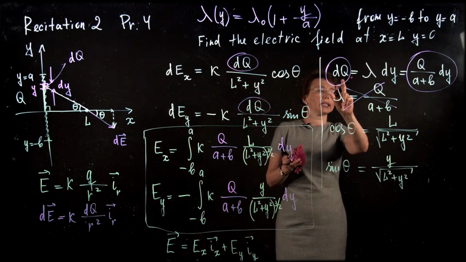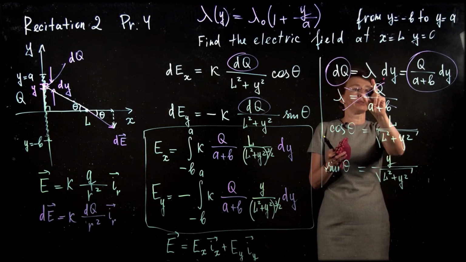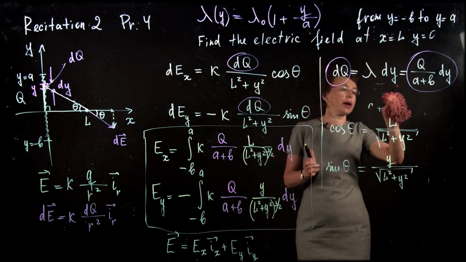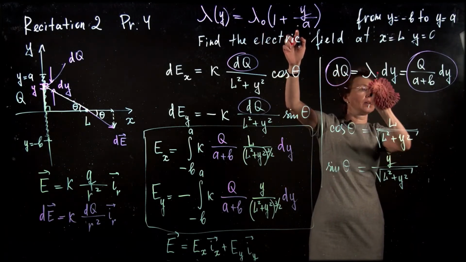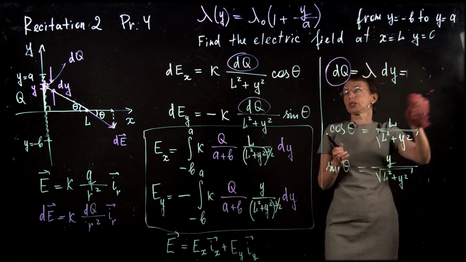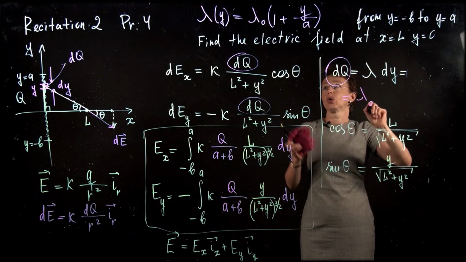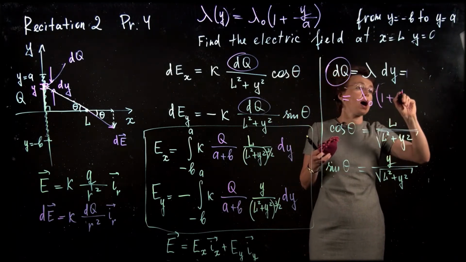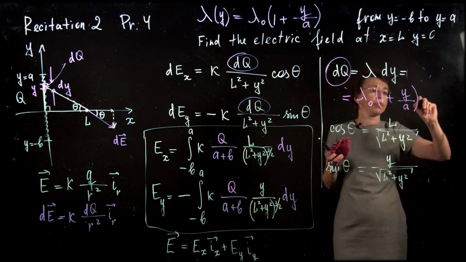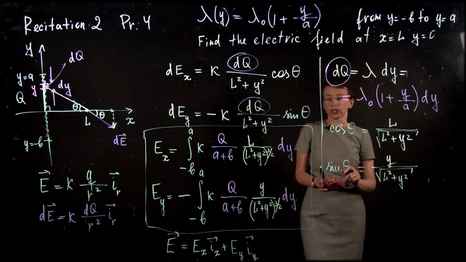So we need to write a new dq. dq is by definition lambda dy. Lambda is not q over a plus b, it is given. So I have dq that is equal now to lambda naught, 1 plus y over a. This is lambda, and then dy. This is my new dq.